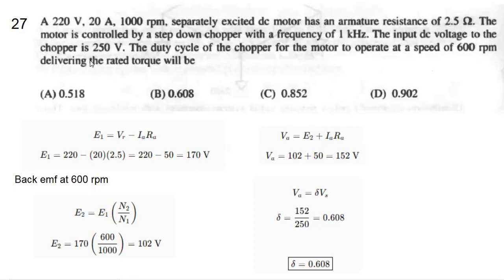The input DC voltage to the chopper is 250 volt. The duty cycle of the chopper for the motor to operate at a speed of 600 RPM, delivering the rated torque, will be option A 0.518, option B 0.608, option C 0.852, and option D 0.902.